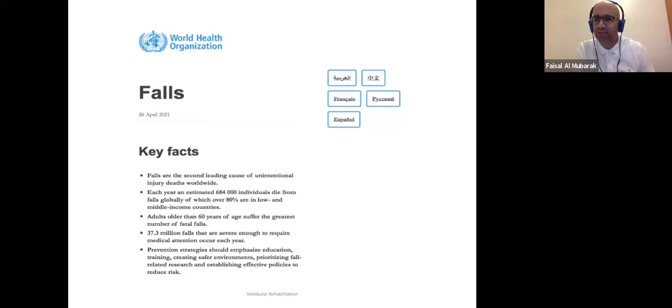So we're talking about a huge number of people dying in the whole world because of falls. Here is other data that you can see, showing that there are many other injuries that can happen to these patients besides death. So we're talking about a serious problem here.